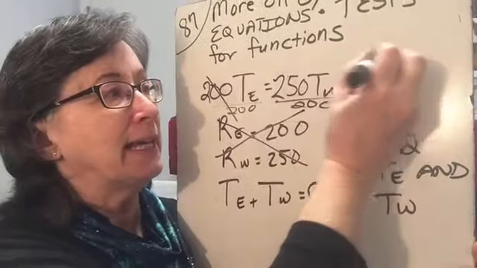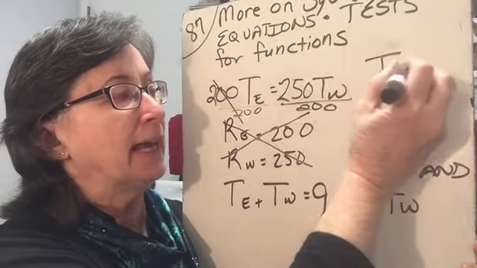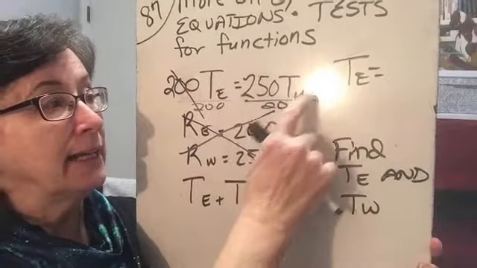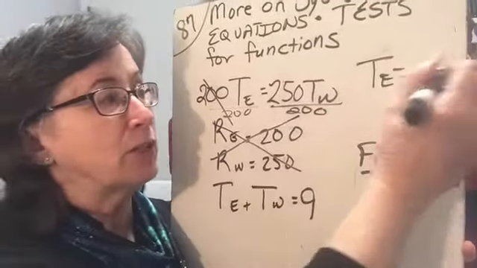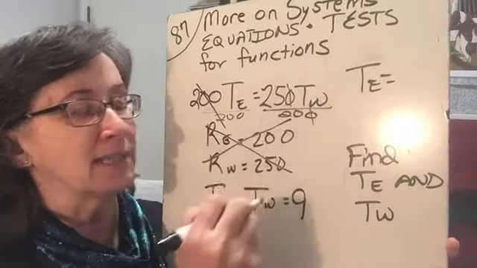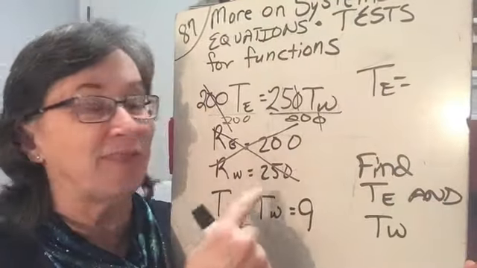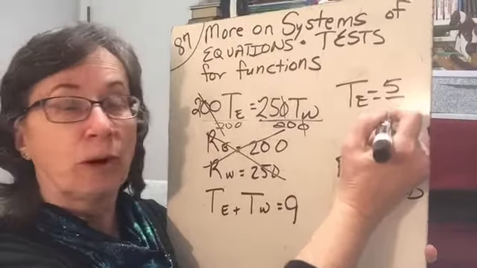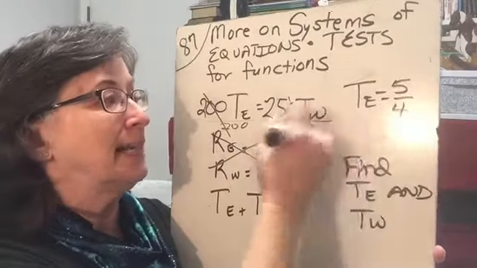So we have T sub E is 250 divided by 200 T sub W. So I'm going to go ahead and simplify this. So the zeros can cancel. 25 over 20 is 5/4. So we'll say 5/4 T sub W.